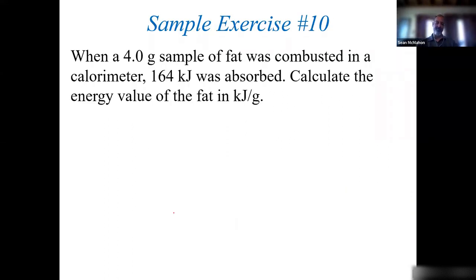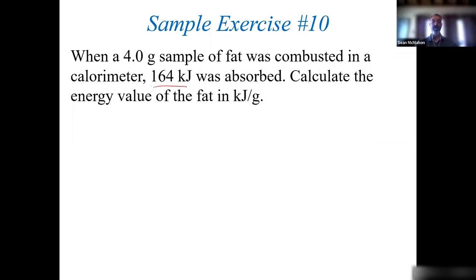Okay. So why do I say that? Well, you might have a couple of problems that have you calculate how much energy per gram of food. So here's an example. If I have 4 grams of fat that I burn in a calorimeter, it's going to release heat, and I can measure the water using Q equals mCΔT, and I can see that the water absorbed 164 kilojoules.